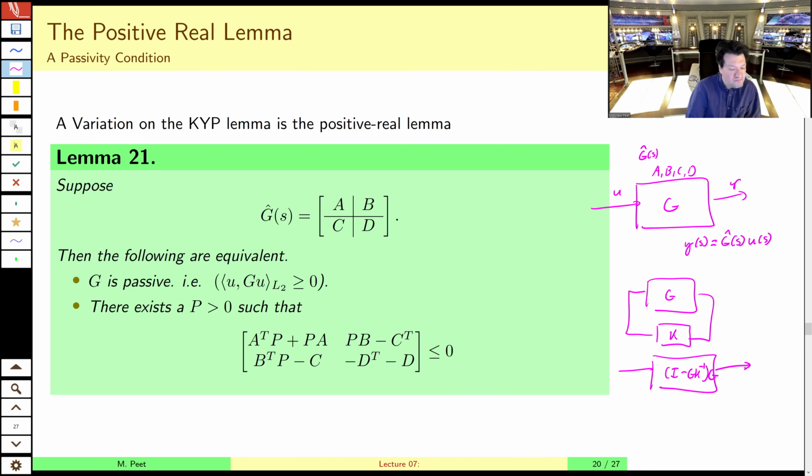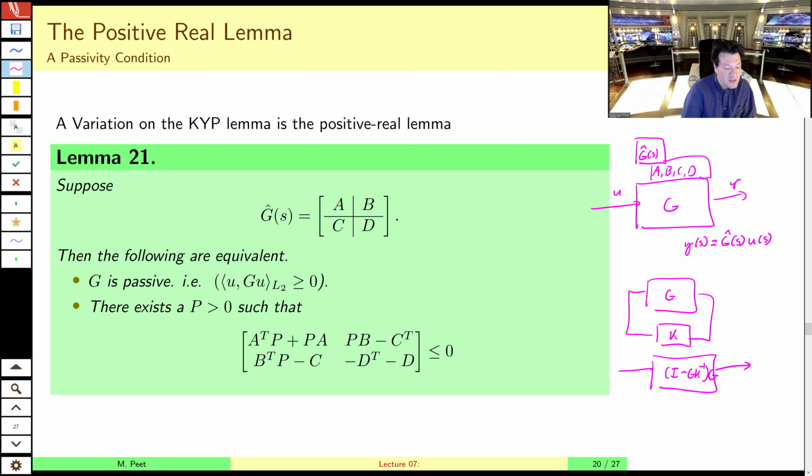But again, we don't want to confuse the representation, and G is just another representation of that system, similar to how ABCD is. It's just a representation which has more in the way of physical interpretation.